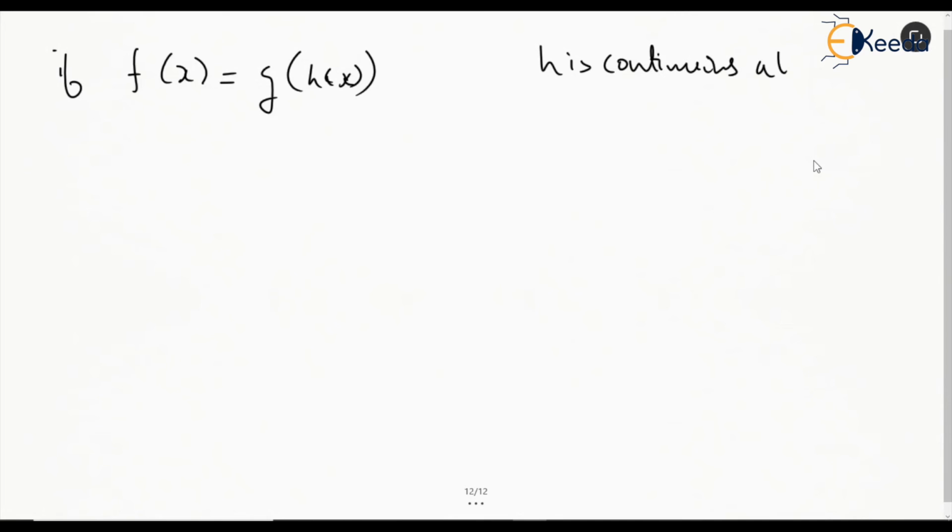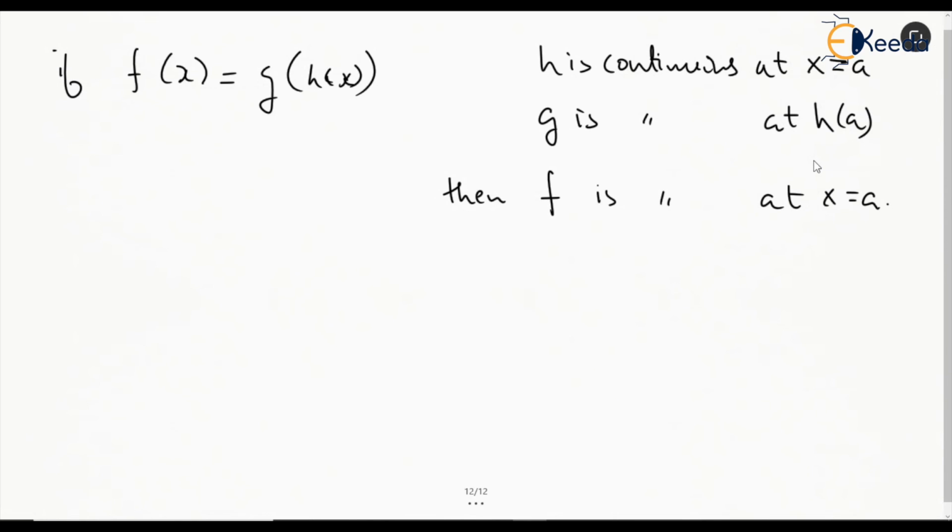If, let's say, f of x is g of h of x, right, where g and h are some functions, and h is continuous at x is equal to a some point, and g is continuous at h of a, then f is continuous at x is equal to a, right?